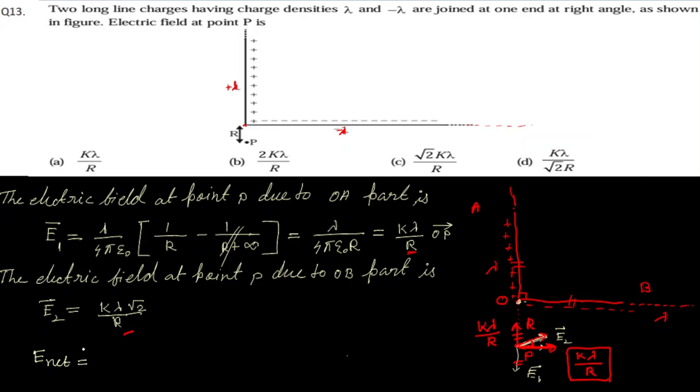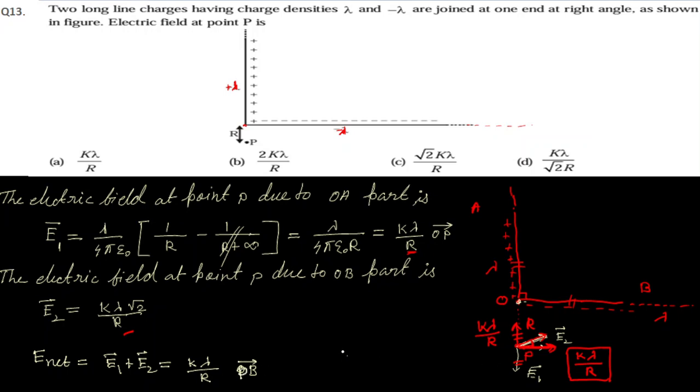E net will be the vector sum of E1 plus E2. When you take the sum, these two components cancel each other out, and the net electric field will be K lambda divided by r, and it will be parallel to OB, or in this case we can write PB.